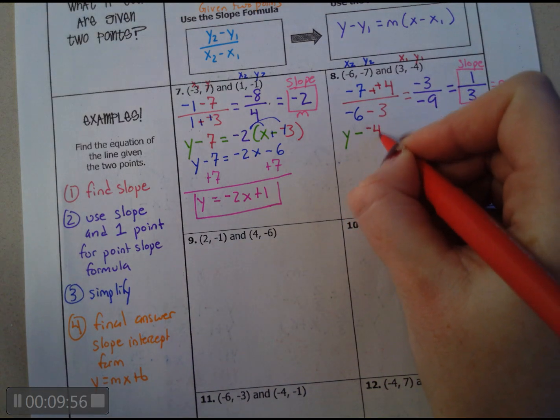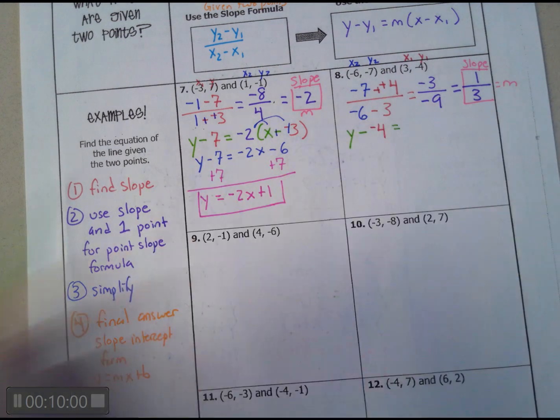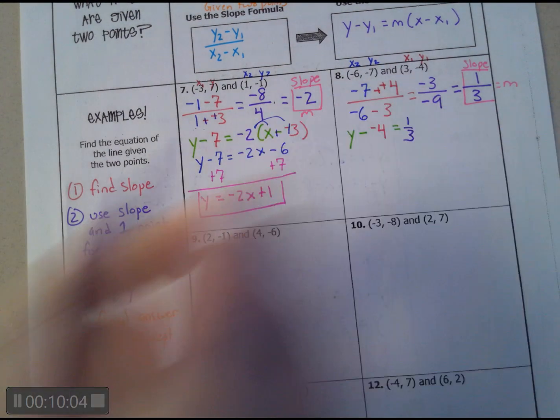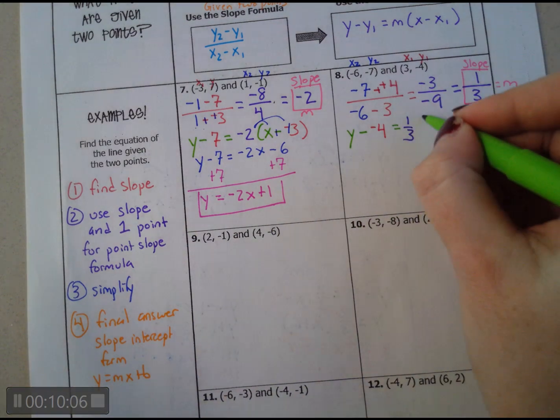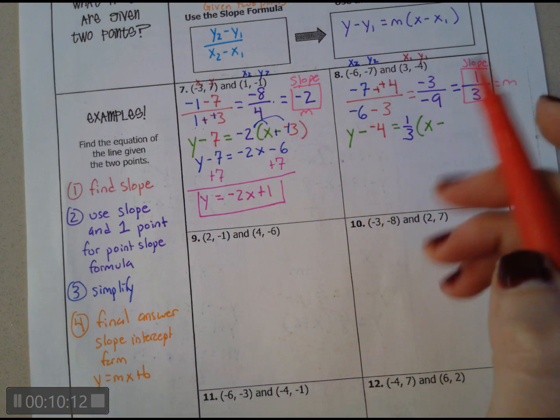And then equals my slope, which was the 1/3, and then times x minus my x1, which is that 3 right there.